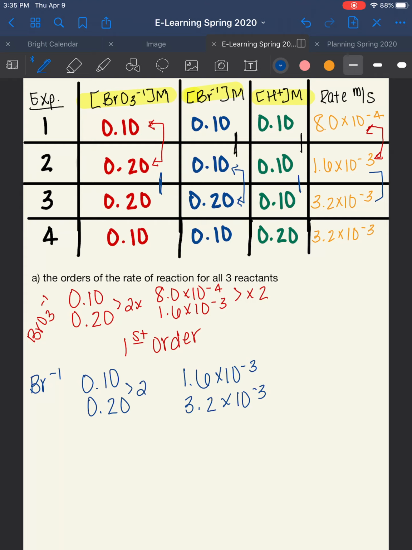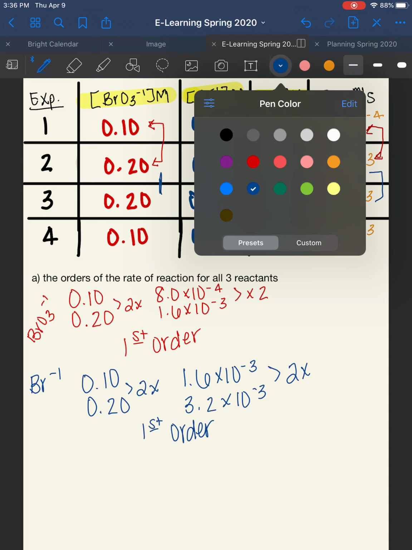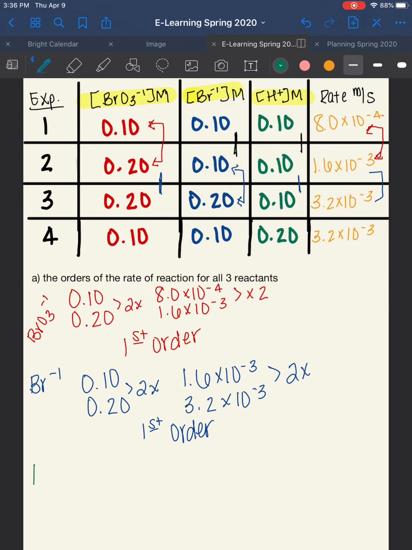Again, 0.10 to 0.20 is a 2 times increase, it doubled. And 1.6 times 10 to the negative 3 to 3.2 times 10 to the negative 3 is also a 2 times increase. Since the concentration doubled and the rate doubled, that is considered a first order reaction. Okay, so lastly, let's look at H plus.